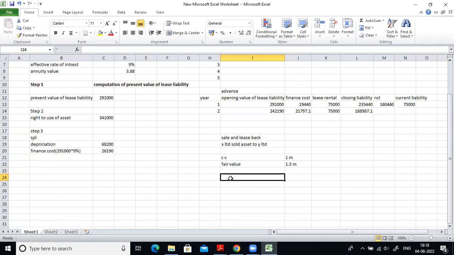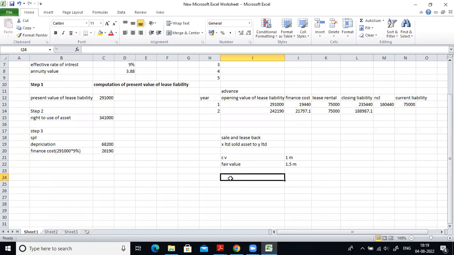Now, don't you think the lease rentals will be computed on the basis of fair value rather than carrying value? Let me repeat my point. You are assuming that there is a sale transfer. And at what price did you sell to Y Limited? 1.5 million you sold it. And you are taking the same asset on lease from Y Limited.